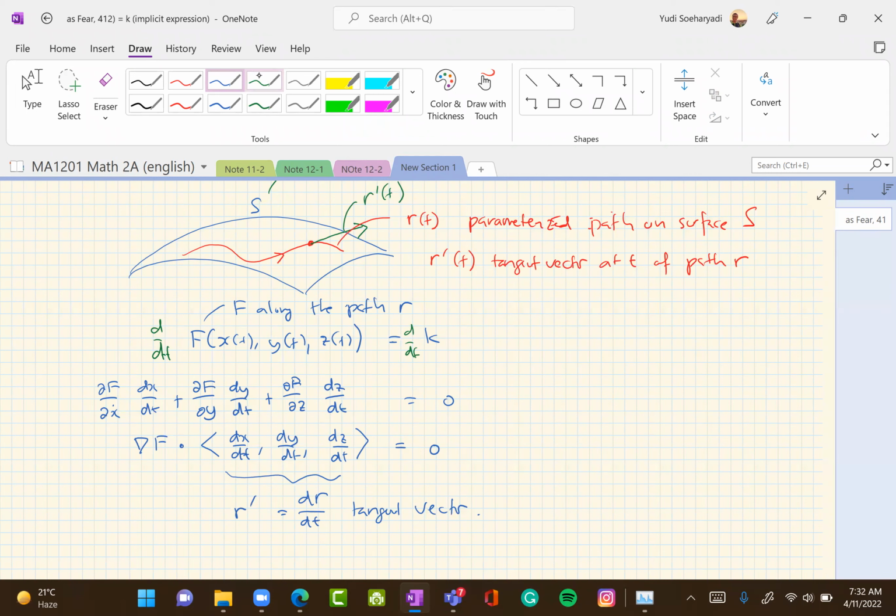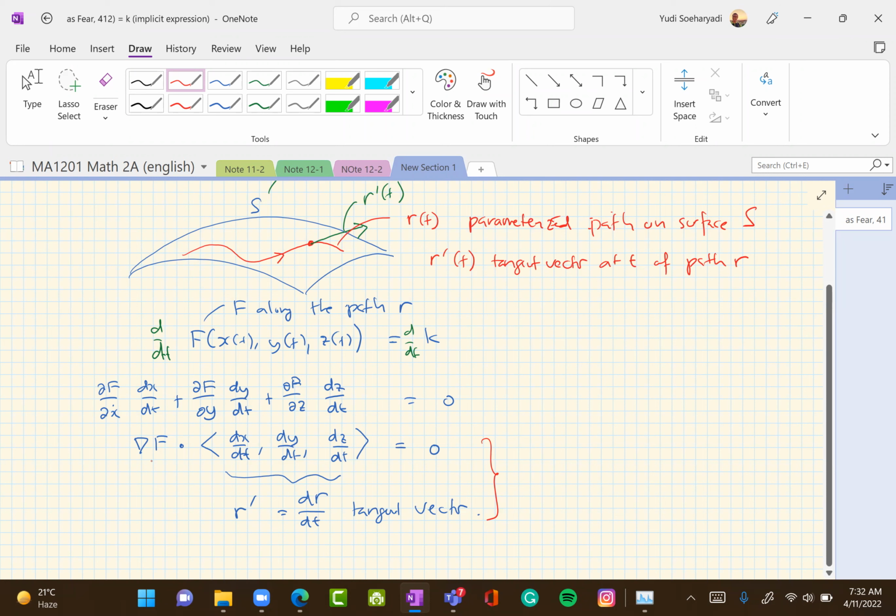All right, so what does it mean? You have two vectors, gradient times tangent is 0. What does it tell you? u dot v equals 0.